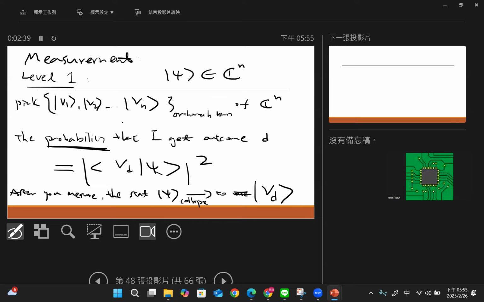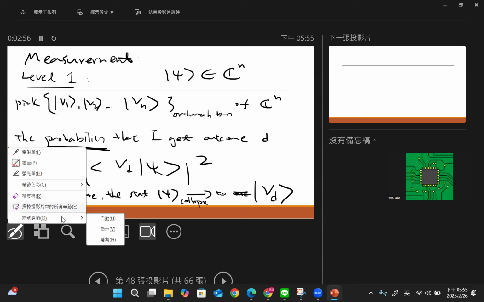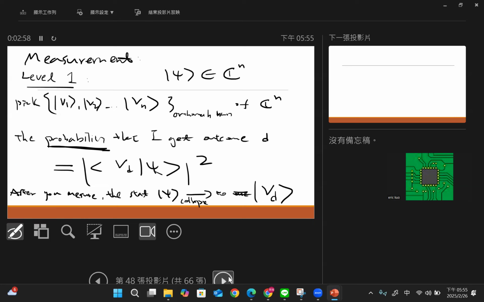The probability that you get outcome d is this square, and after this measurement, the state will collapse to vd. This is the most weird part in quantum mechanics.